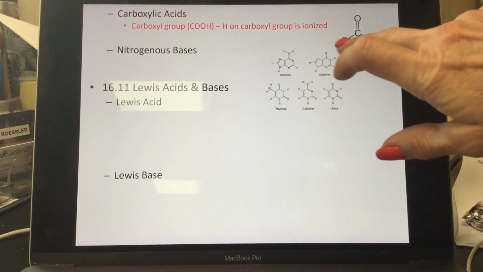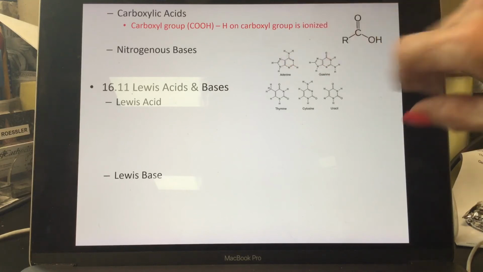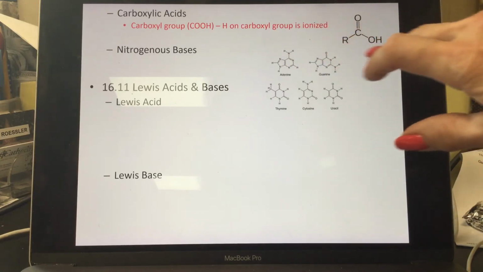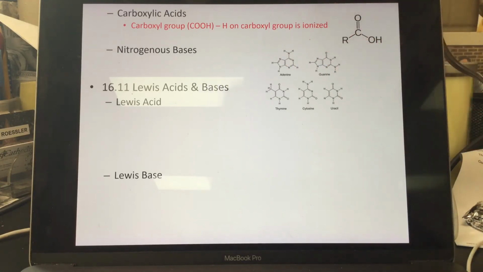And then here the R is just a side chain of whatever else, more carbons and hydrogens or anything else. But those are all fairly stable and are all considered weak acids. So again, none of those are strong acids.